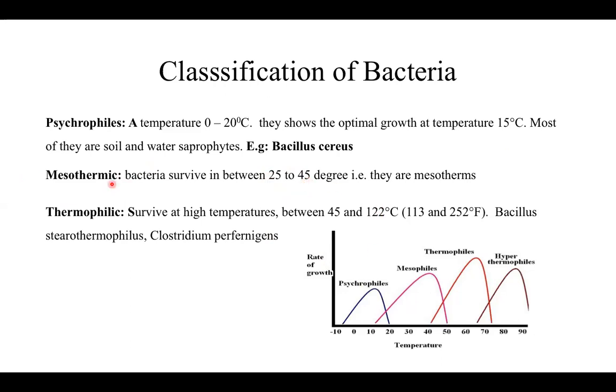Most of the bacteria which cause human infections are mesophilic in nature. Thermophilic bacteria can grow between around 45 degrees Celsius to around 122 degrees Celsius. The examples are Bacillus stearothermophilus or Clostridium perfringens.